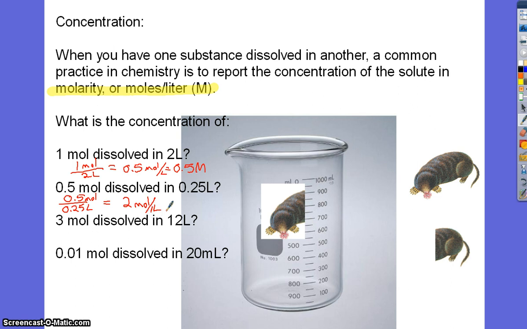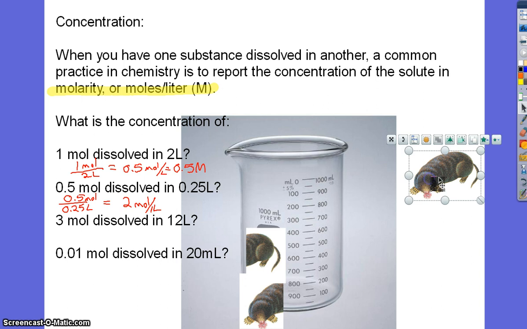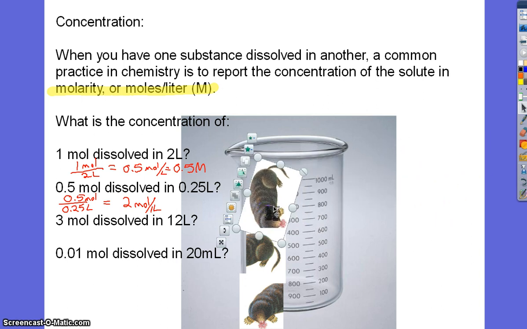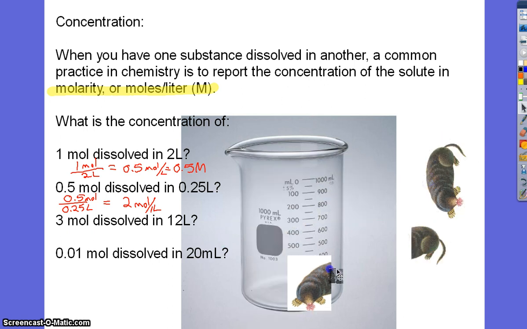Again, a quarter liter would be, if I put a half mole in a quarter liter, down here. So in my entire liter, I would be able to fit 1 mole in a half a liter, and then 2 moles would fit in my entire liter. Okay, probably done doing things with pictures there.